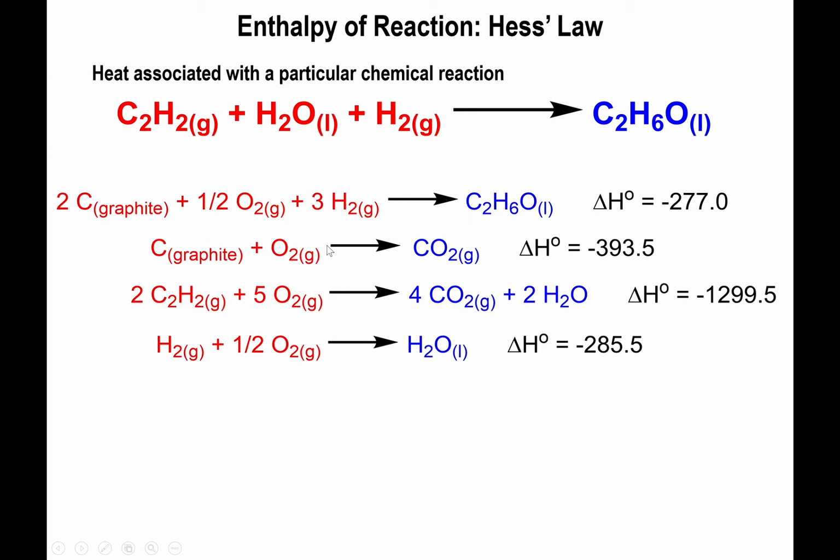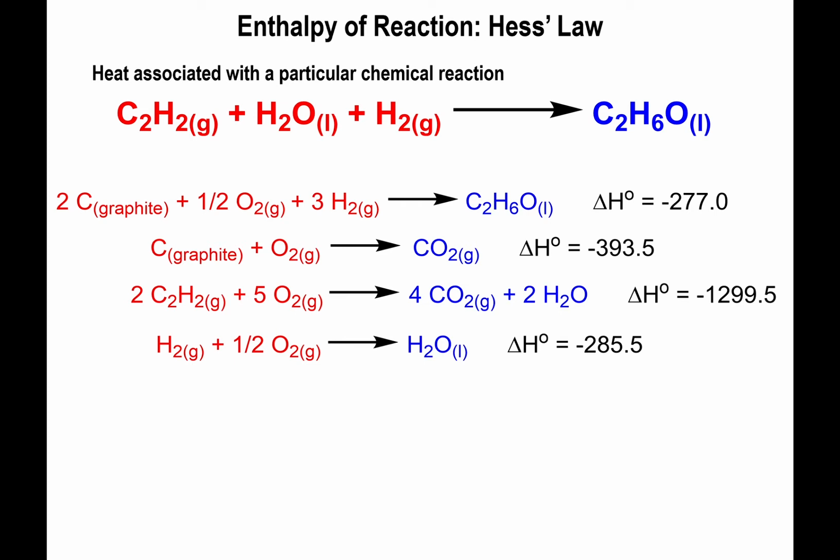There's also reactions that have H2 present in them. We have also reactions that have H2O present in them, and we have reactions that have C2H2 present in them. So even though we don't have the specific reaction itself, we do have the major components of the reaction in question present in kind of scramble mode in all of these reactions.